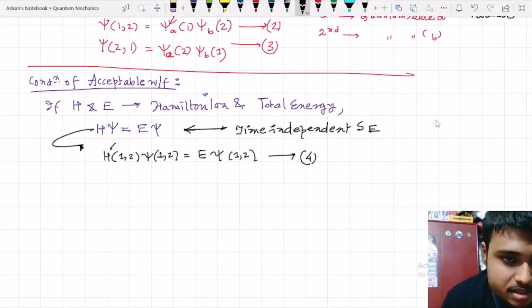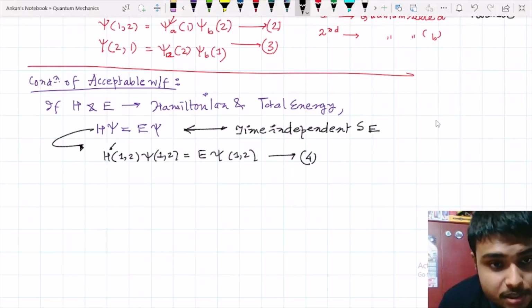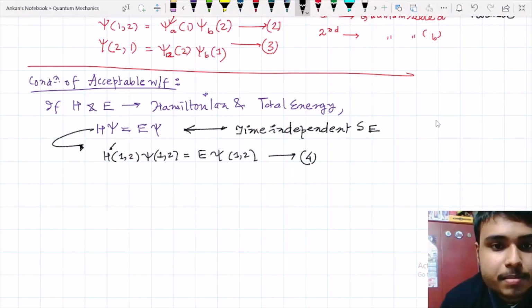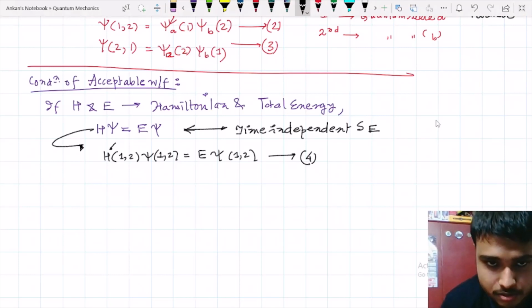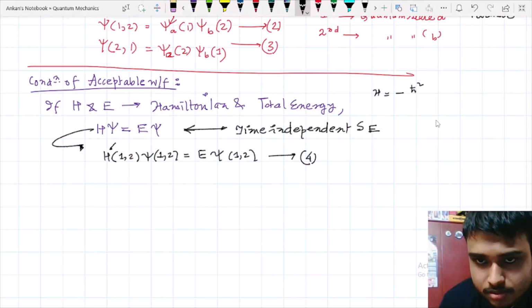Now what is H12? It is the Hamiltonian operator of the total system acting on it. The total system comprises two electrons, so the Hamiltonian will be nothing but minus h bar square by 2m1 grad 1 square. As the two particles are identical electrons, the masses are the same.